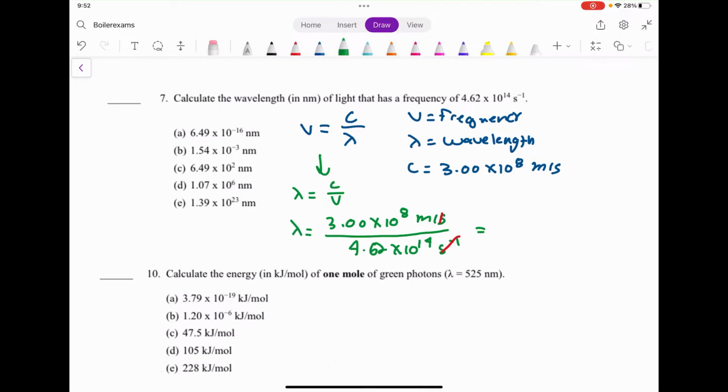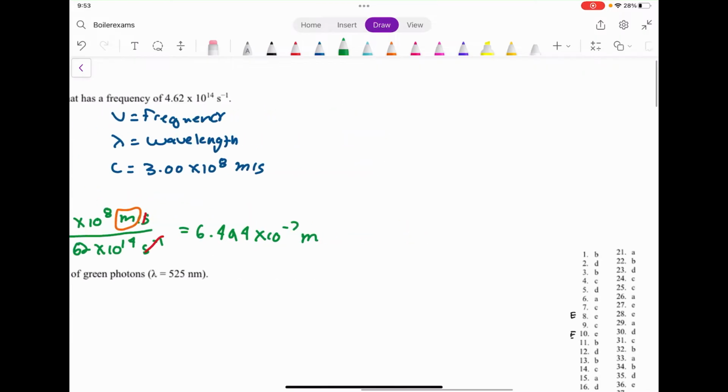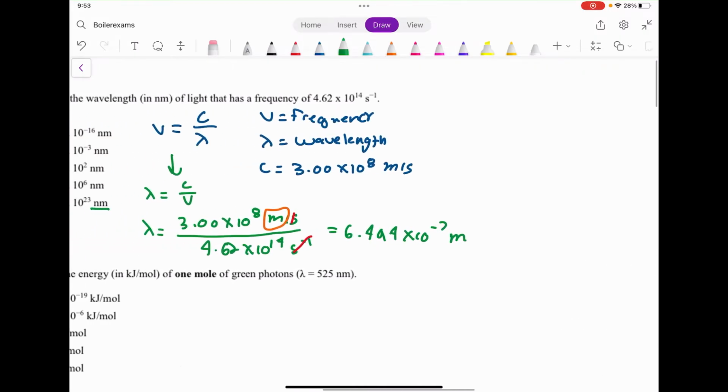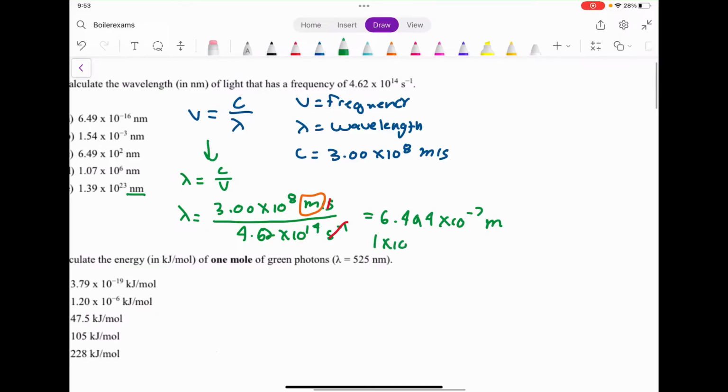If I put this in our calculator, we will get 6.494 times 10 to the negative 7th. We have meters here, so this is going to be in meters. But the answer they want is in nanometers. We know that there are 1 times 10 to the 9th nanometers in 1 meter.